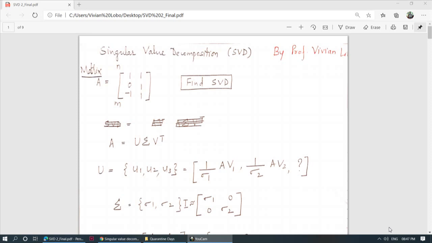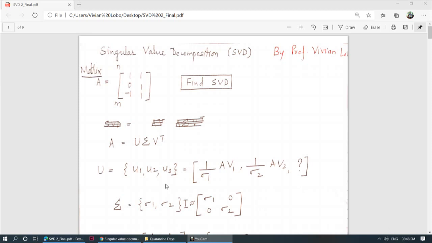Now this video session is going to be on another matrix where we will be finding the singular value decomposition. To be specific, it is an M cross N matrix. The procedure remains the same except for finding the value of U3.